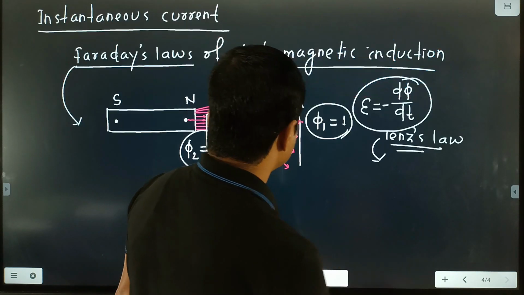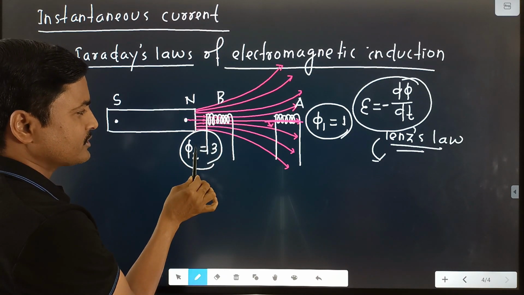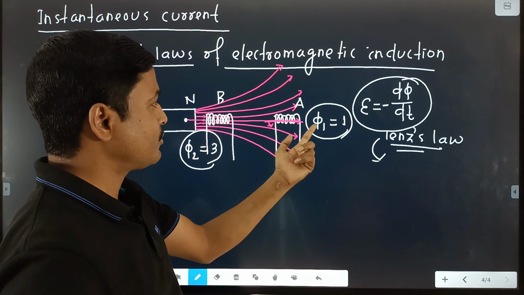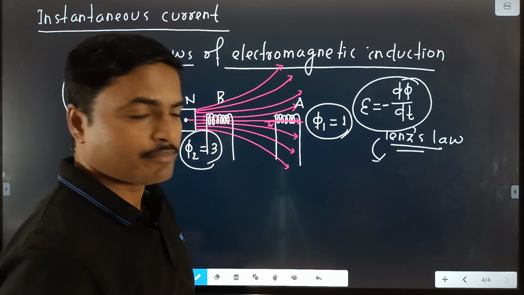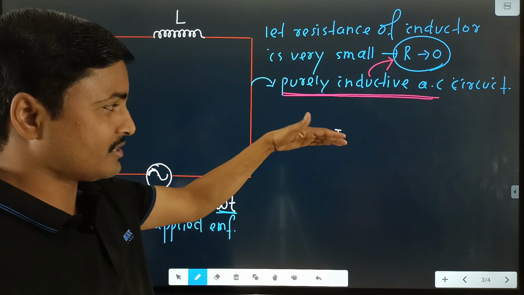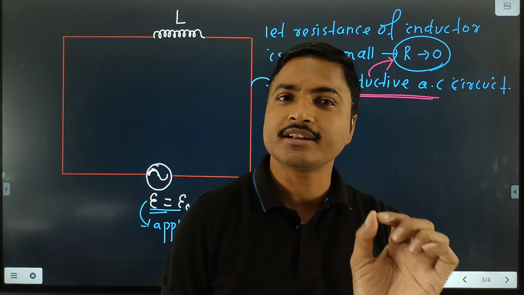Clear? Just like this. Here the magnitude of the magnetic field is maximum, so flux is maximum. Here the magnitude of the field is minimum, so flux is minimum as compared to point B. That means phi is directly proportional to I. You know this formula in the chapter electromagnetic induction.